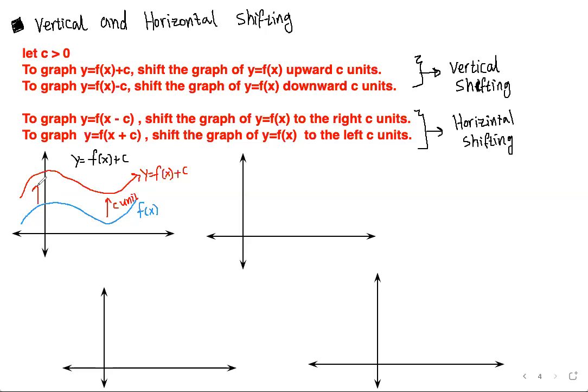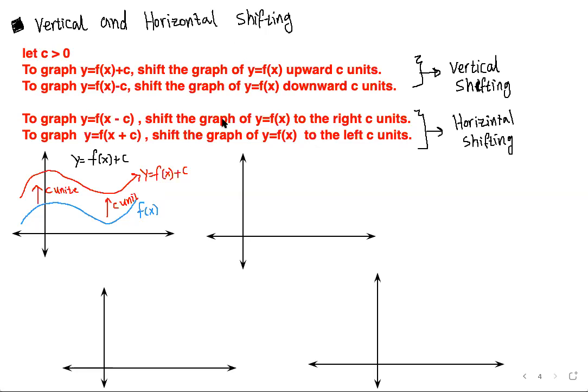Here again, c unit. Make sense, the first one? Any question for the first graph? Is it clear how to graph f of x plus c? What is the meaning of shifting the function c unit?